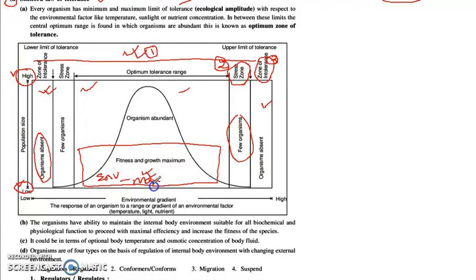Food is maximum, shelter is maximum, water is maximum, all are maximum. But the number of individuals is very small. So the fitness and growth are maximum.